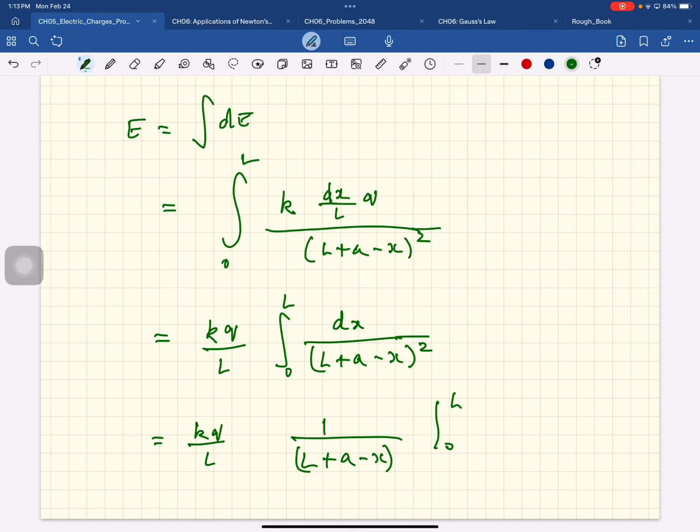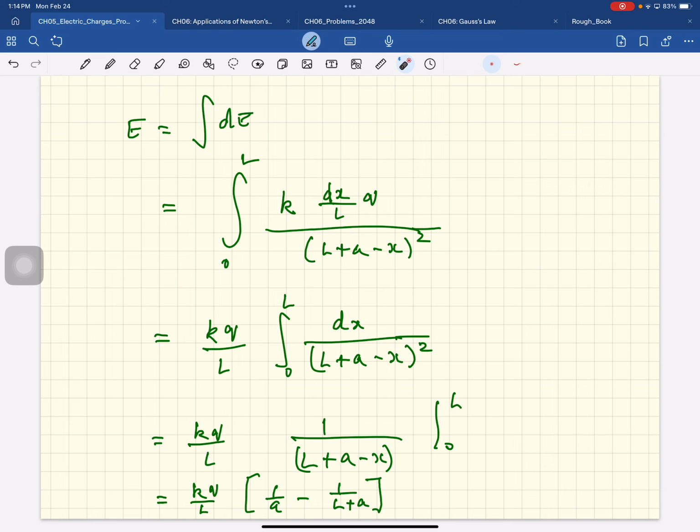So this is equal to KQ over L times, for the top limit, L minus L, that's 1 over A, minus 1 over L plus A. If Q is positive, this is bigger than that.